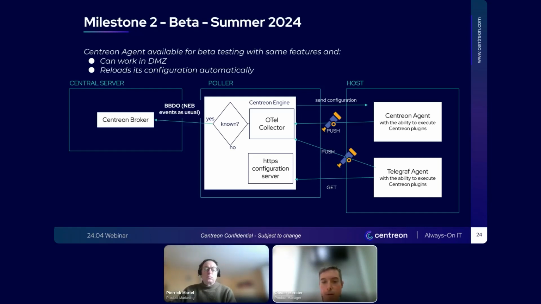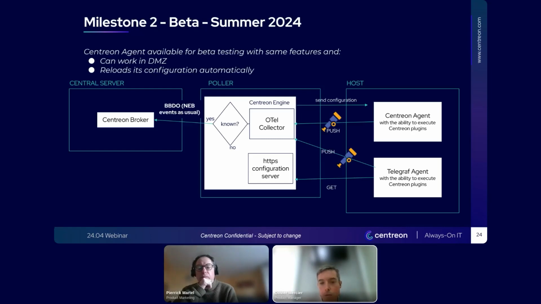So we were not pleased with that. And the configuration can only be obtained by connecting from the agent to the Poller. So in the case of a DMZ, where there is no Poller, it cannot be done, because you can't open a connection from the DMZ to another network.